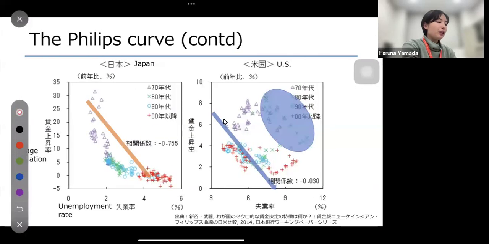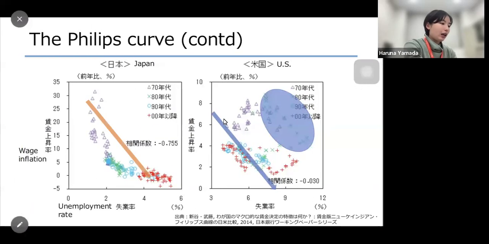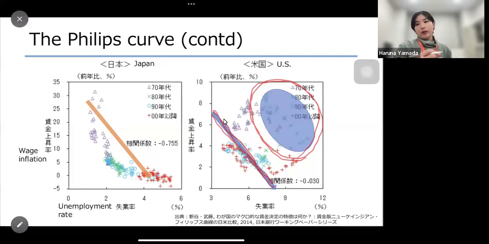But if we draw a line around here, then there is a region that is far away from the line.